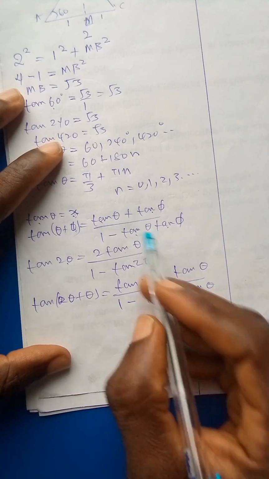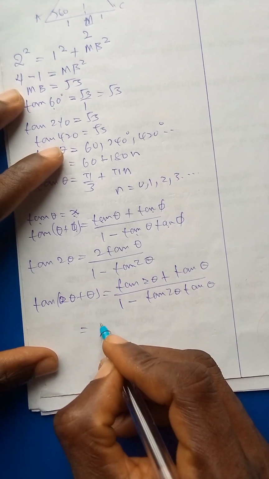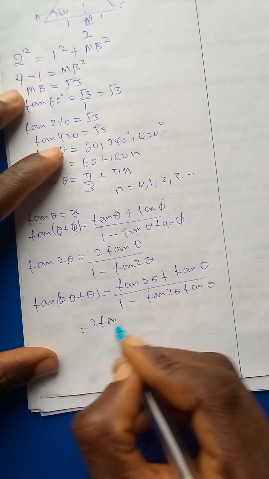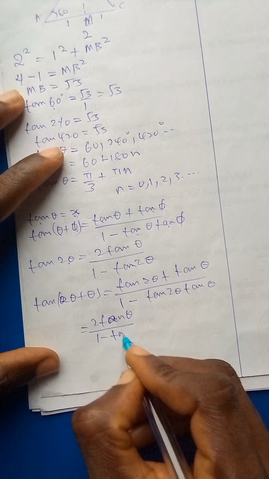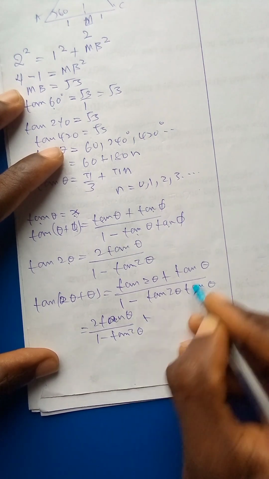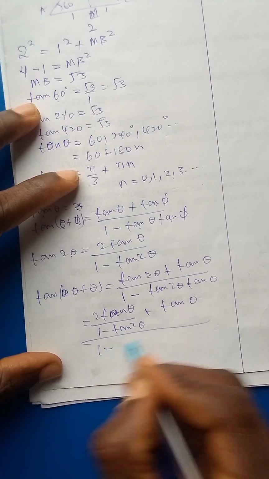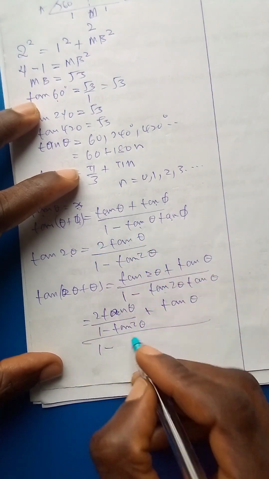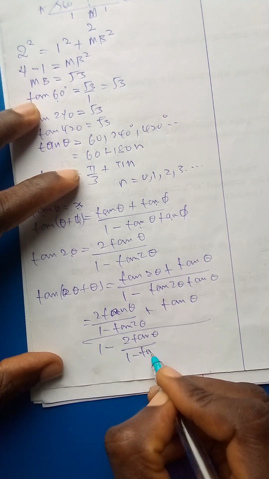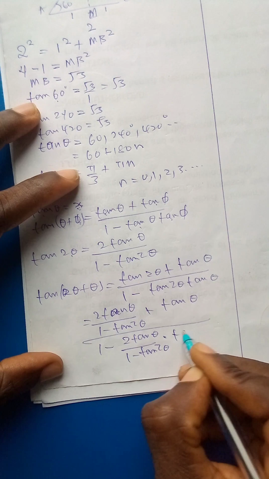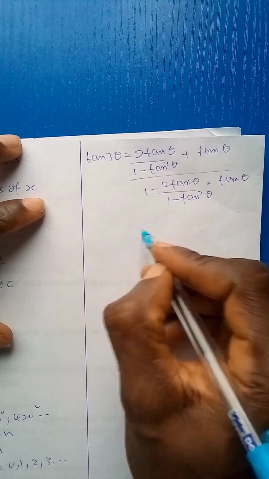Now replacing tan 2 theta, I have 2 tan theta over 1 minus tan square theta plus tan theta, all over 1 minus 2 tan theta over 1 minus tan square theta times tan theta. If I simplify everything, I'll have this.